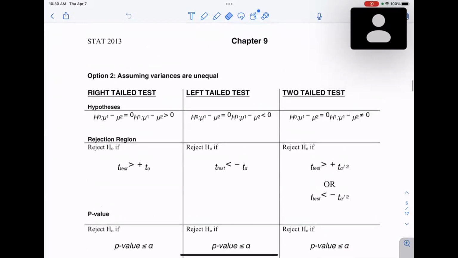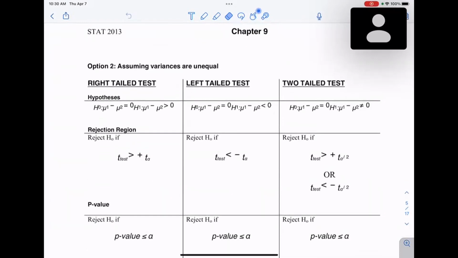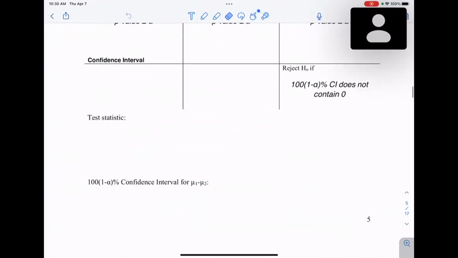All right, so last time we started talking about this, right? And then we gave the formula for the test statistic for a t-test.